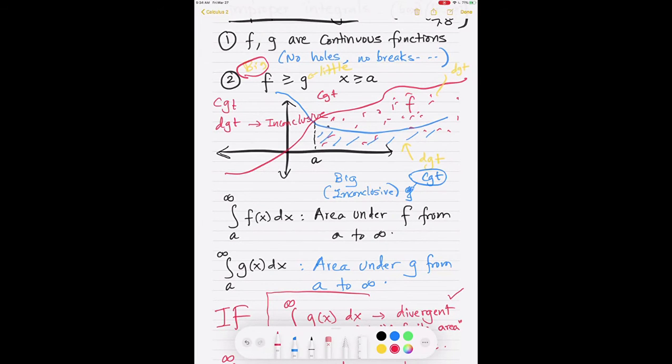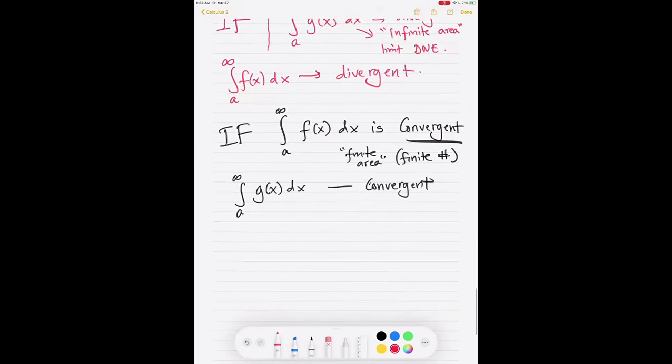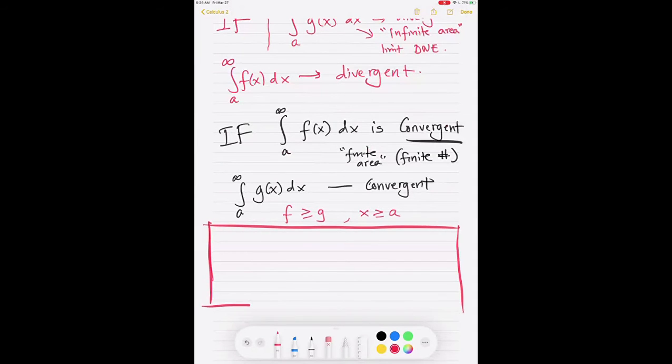Where do we use it? I'm just going to give you a very quick example, which relates both of these. And I think I'm going to summarize this in a table. So f was greater than or equal to g for x greater than or equal to a. All we are saying is simply this.